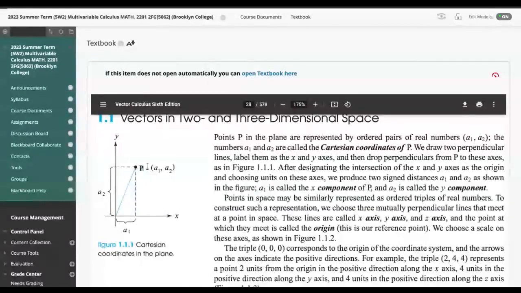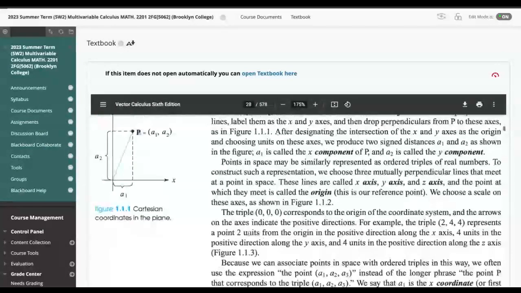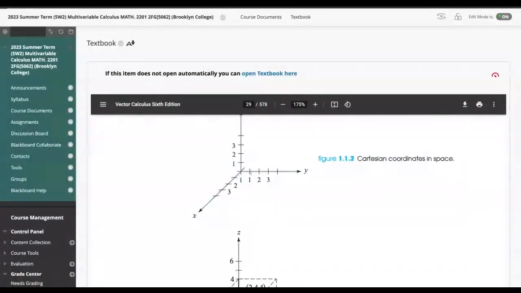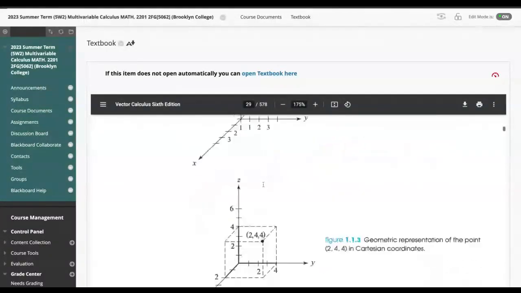So this picture shows you a point can be looked at as a vector, as a line segment, and it's in 2 dimensions, in R2. We see this is 3 dimensions, right? X-axis, Y-axis, Z-axis.